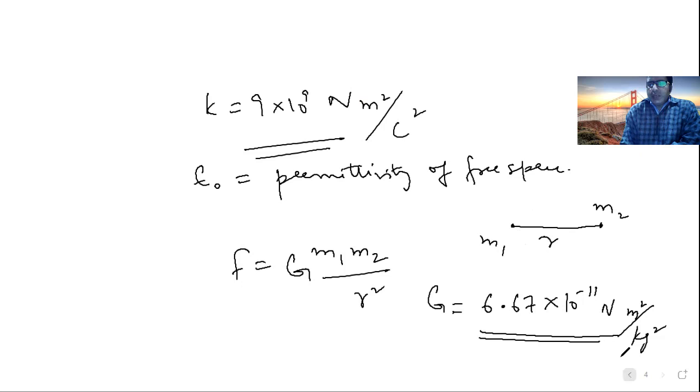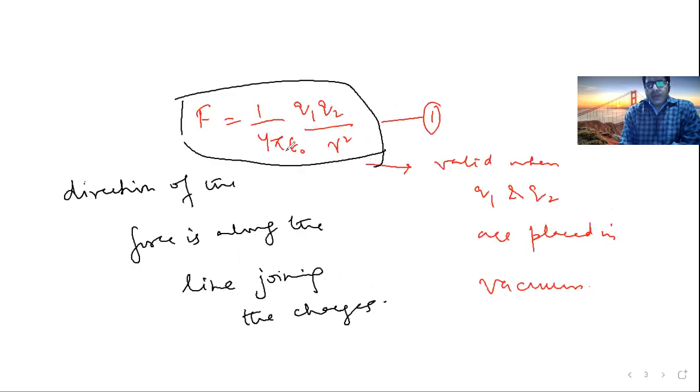But in electrostatic force, shielding is possible. That means in vacuum you have one force. If you fill the vacuum with oil or some other material, the force will change, right? So it depends on in which medium the charges are placed. But here that is immaterial.